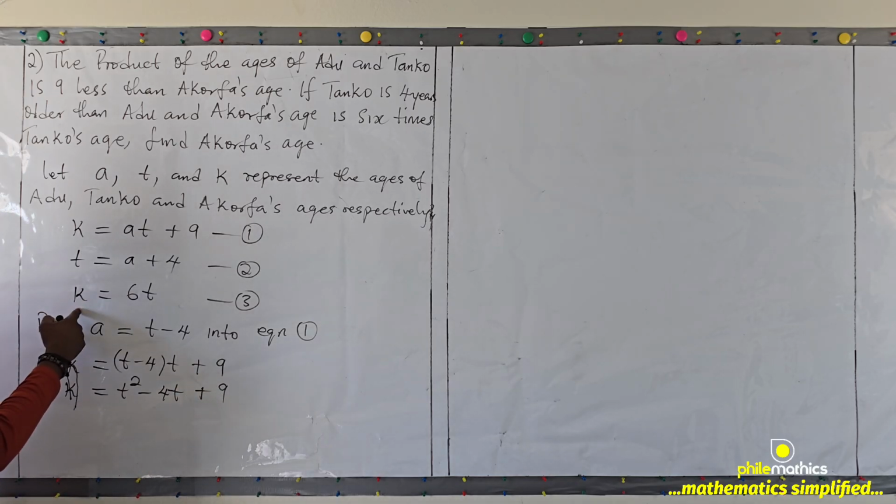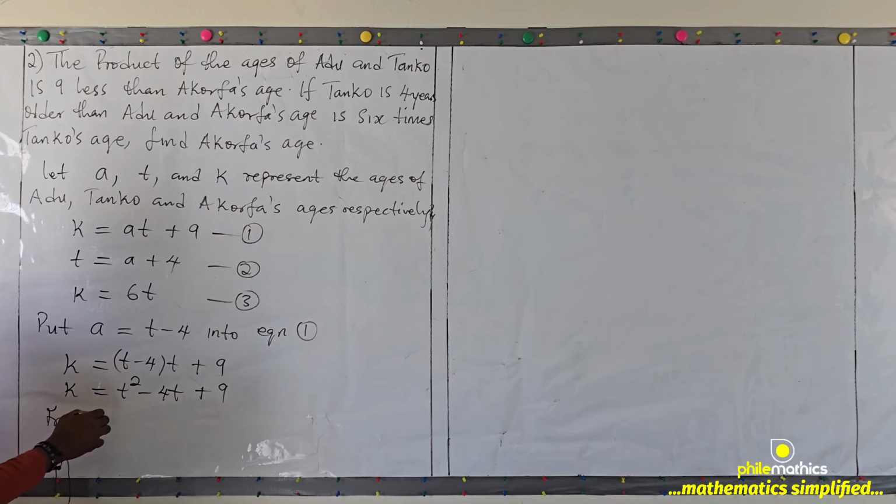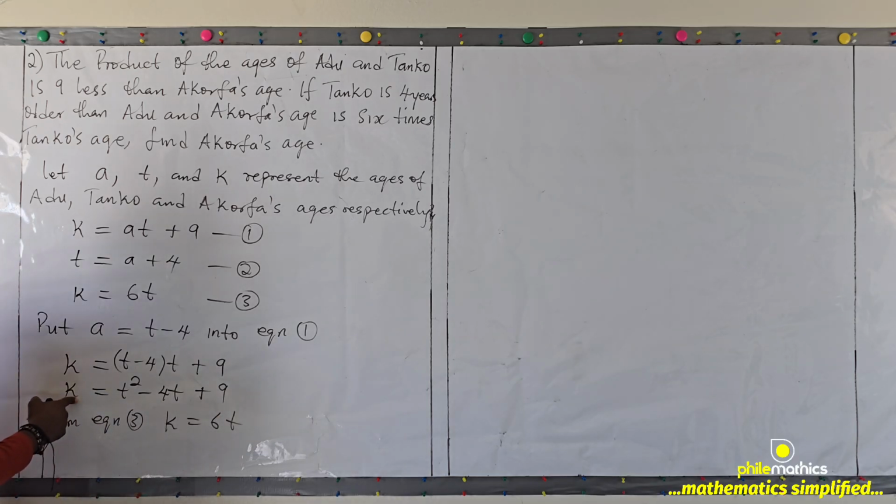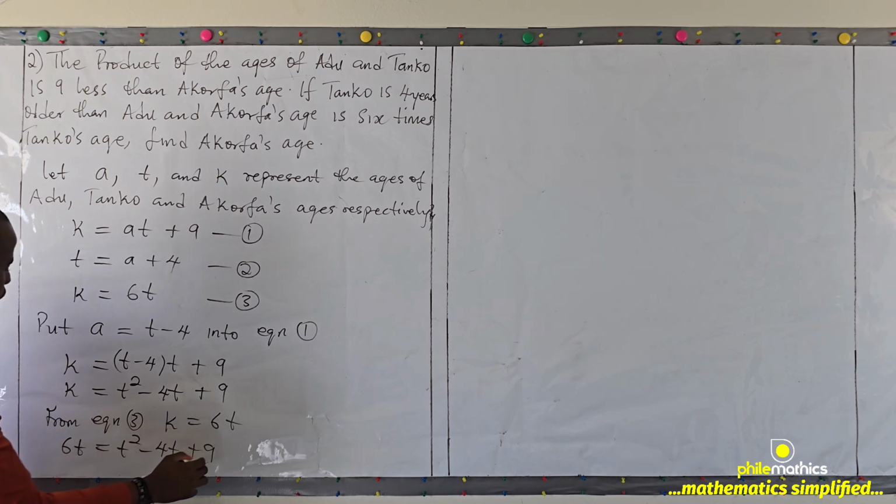But from equation 3, K is 6T. So we substitute 6T here. We have 6T equals T squared minus 4T plus 9.